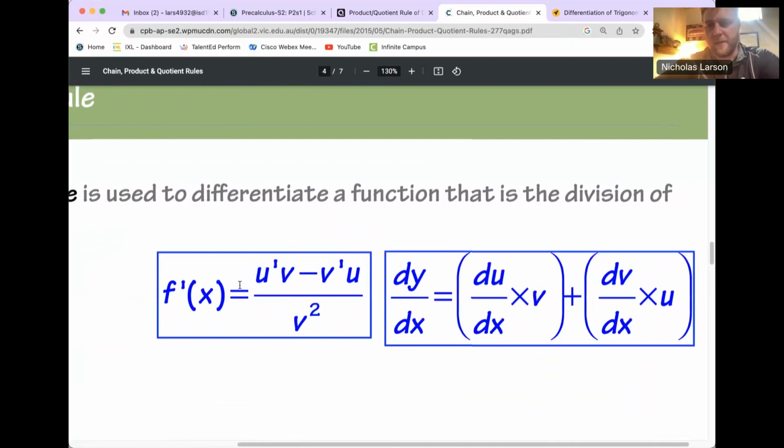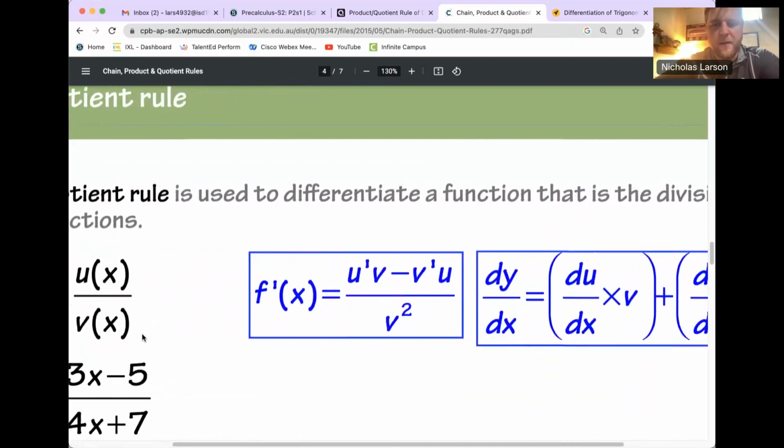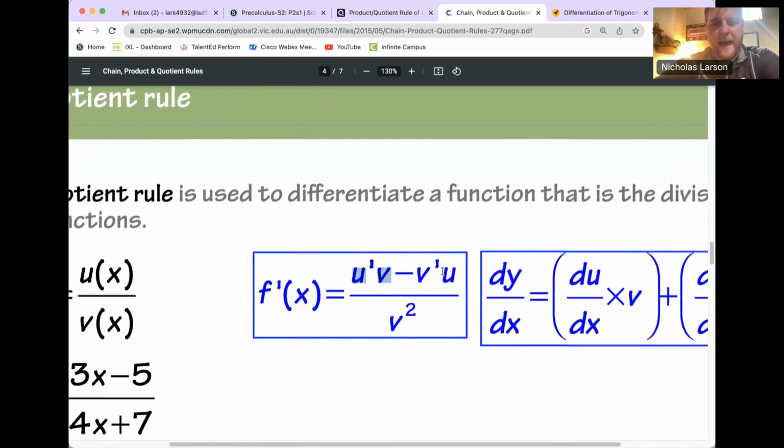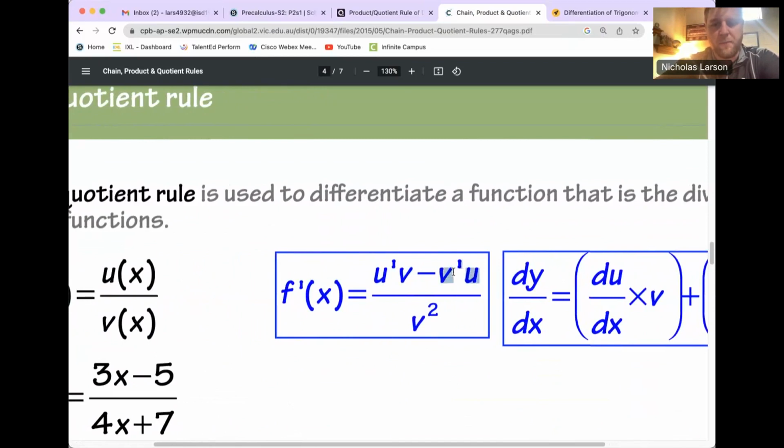So take the denominator, low, multiplied by the derivative of the high, which is u. Low D high minus high, which is u, multiplied by the derivative of the low, which is v prime, and over the square of low we go. Okay?